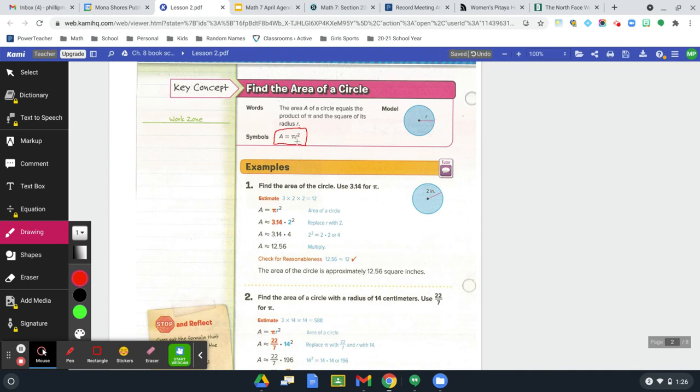R is that radius. And I gave you a little thing to remember for the circumference formula. I'm going to do the same thing with area right now. So I'm going to write: apple pies are 2.